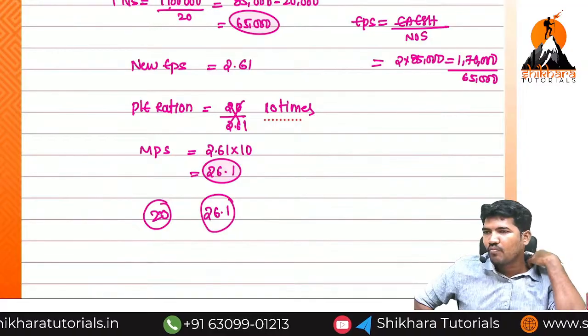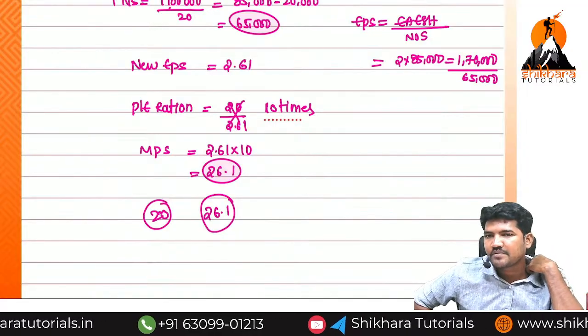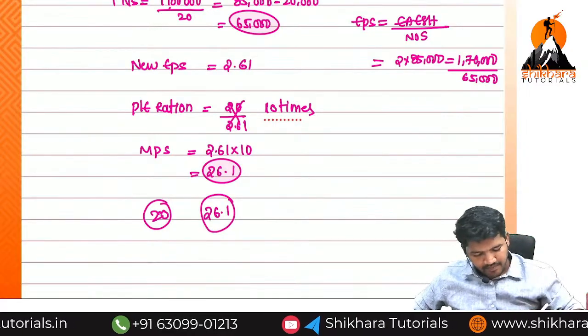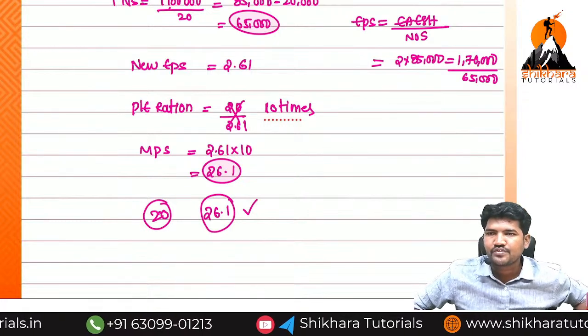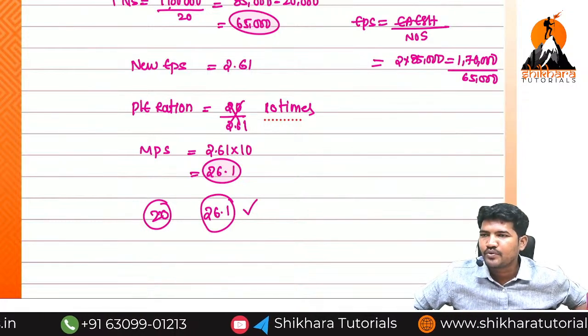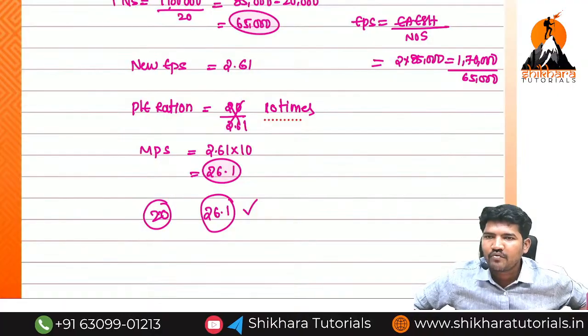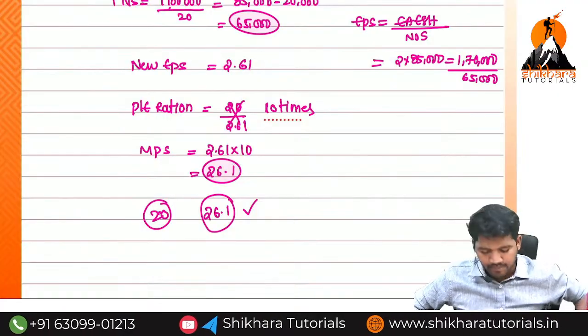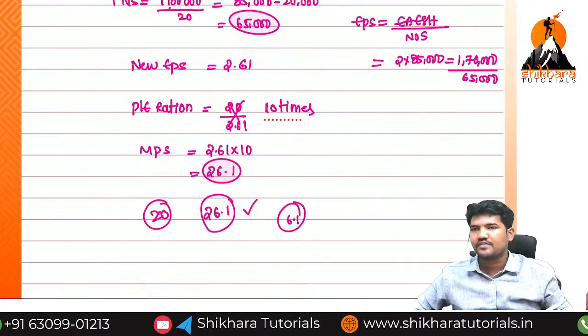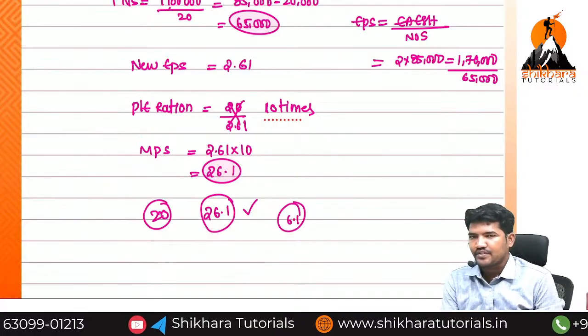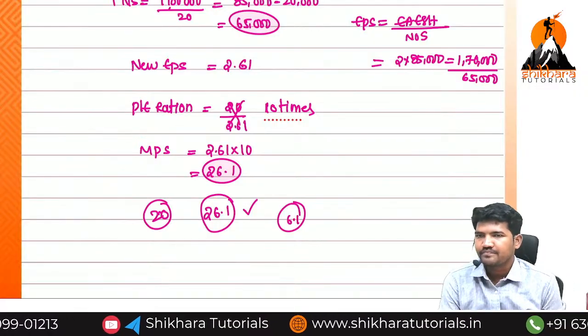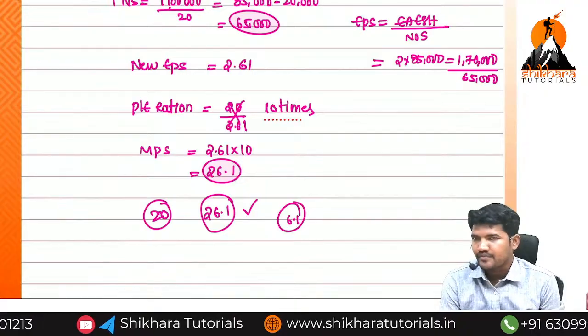Market price, what do you want, minimum or maximum? Maximum. Which option will you choose, option 1 or option 2? If you buy back, your market value will be increased by 6.1 rupees. This is the way to state the decision. It's a new workbook question.